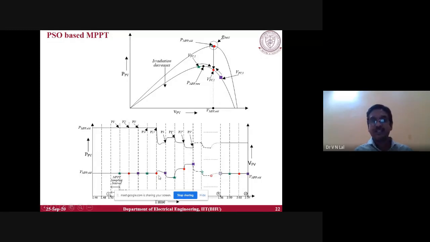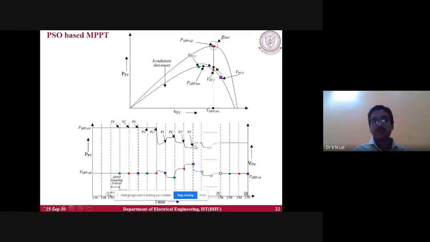At this instant, the irradiance is decreased, so all of a sudden this whole power will be decreased. Now the power for these 3 points: reinitialization is done after the irradiance change, and there are 3 new positions for the 3 particles. Now the power is compared with the previous power, and obviously the previous power will be more than the new power.